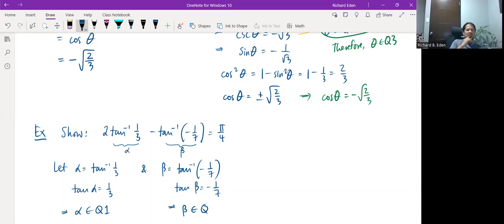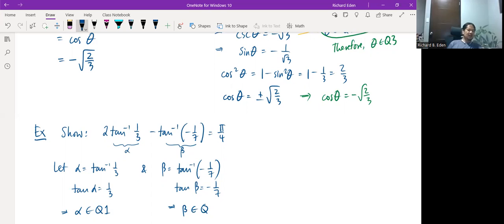Wait, tangent, because tangent is negative, right? Tangent beta is negative 1 over 7. But we have two choices, diba, for tangent to be negative. Opo. The second and fourth quadrants. Opo. So you're saying it should be in the second quadrant and not the fourth quadrant. Opo.